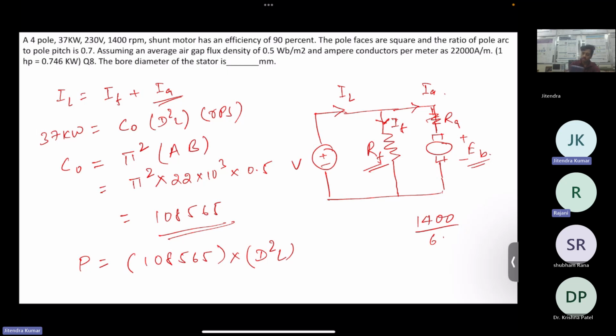Power is also given, 37 kilowatt. So from here we can calculate d square L, right? How much will be d square L? It equals 0.0146.